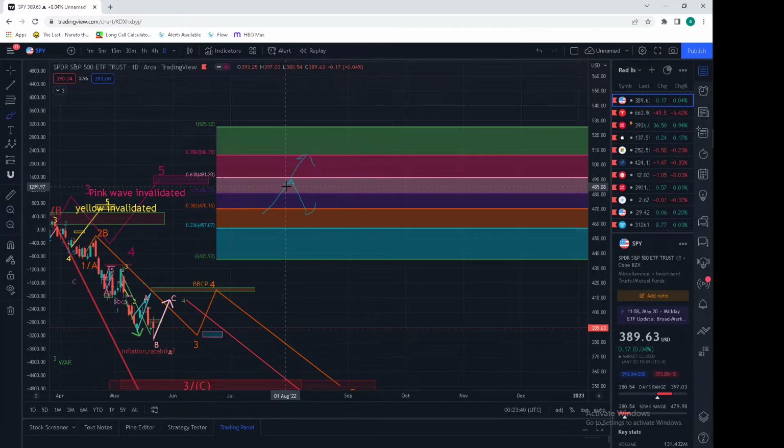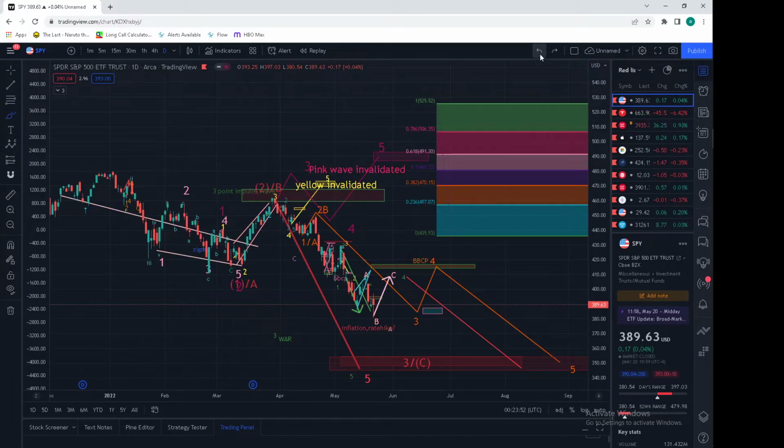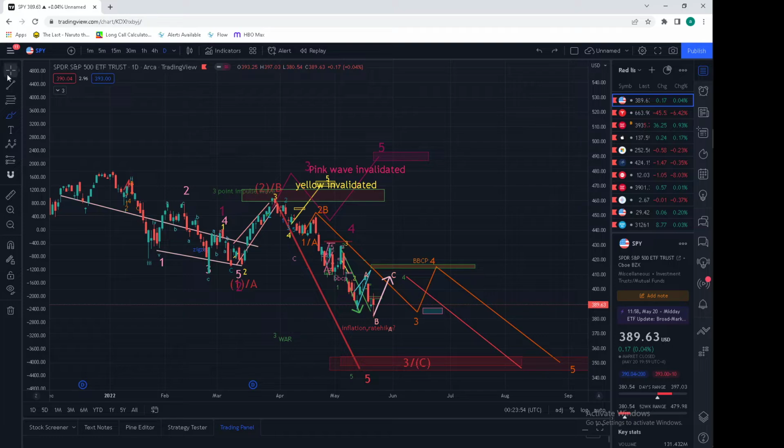Other than that, I really don't know the definitive meaning of the fib levels. I just know they're pretty important, and a lot of people use them for support and resistance zones.